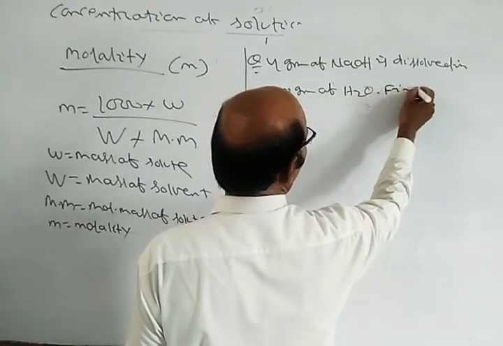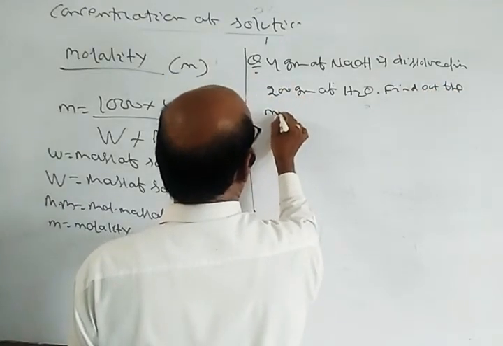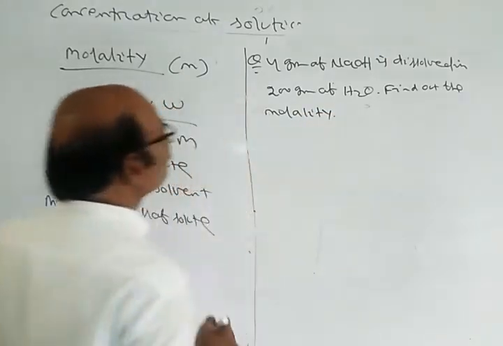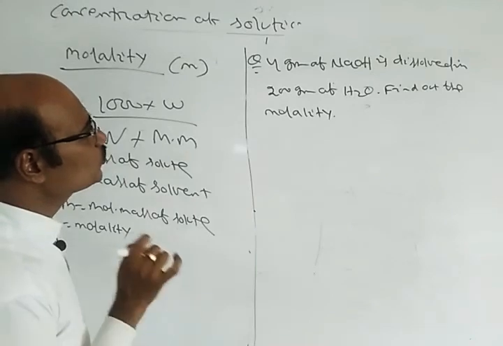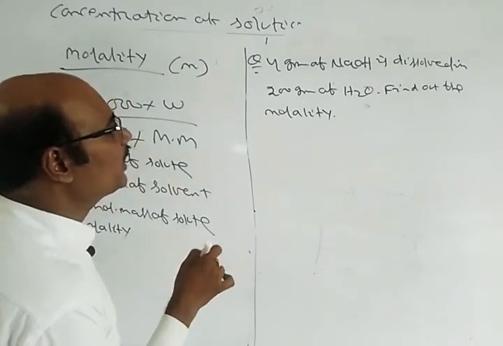Find out the molality. See, 4 gram of NaOH is dissolved in 200 gram of H2O. Find out the molality.